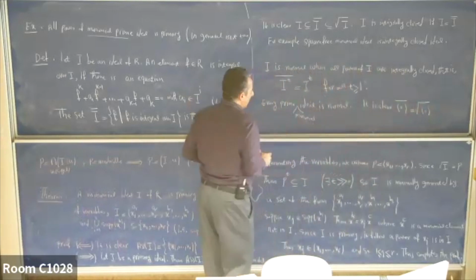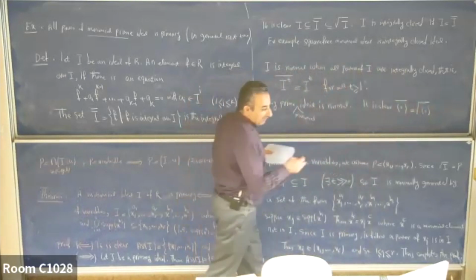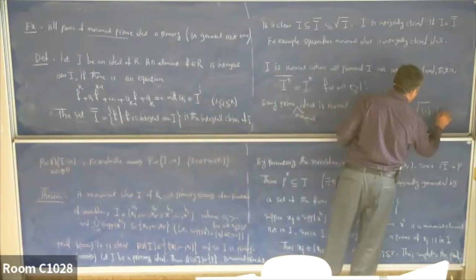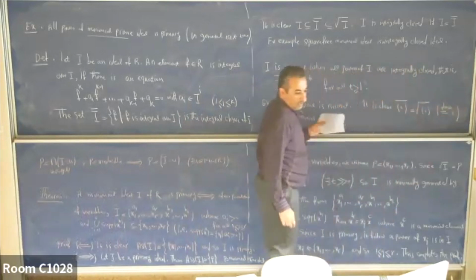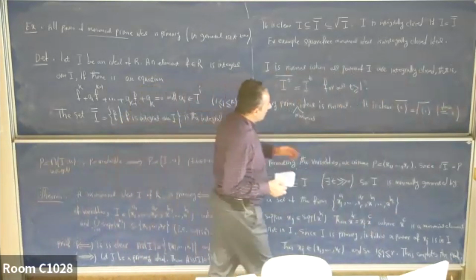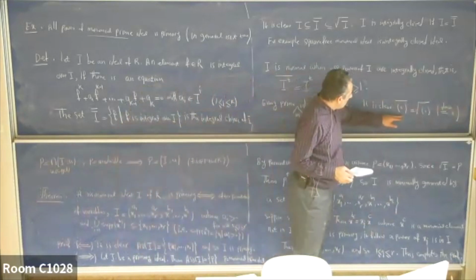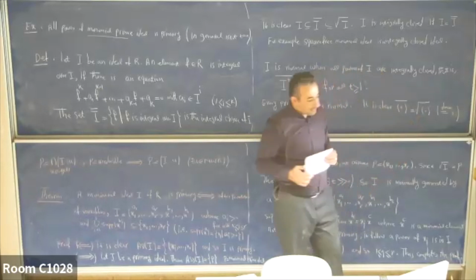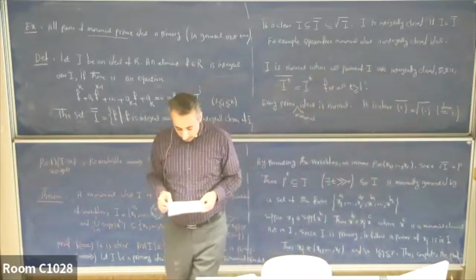Here R is a domain so it is equal to 0, but in general the integral closure of the 0 ideal is equal to the radical ideal of 0.